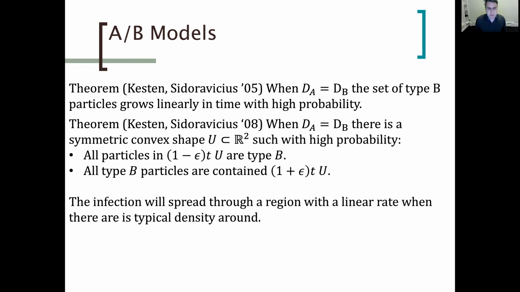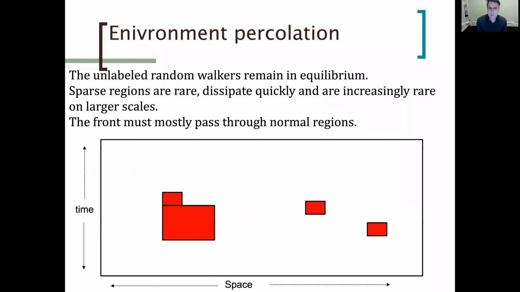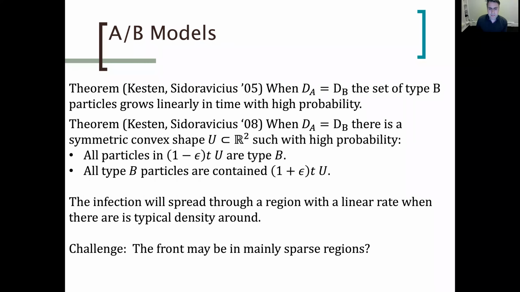Essentially, what Kesten and Sidoravicius proved, at least in their first paper, was that it's going to spend a constant fraction of its time in areas that have a reasonable density of particles. The challenge is to show that the front doesn't spend too much time in very sparse areas where there are not many particles. They're able to do this because of their assumption that the speeds are the same.